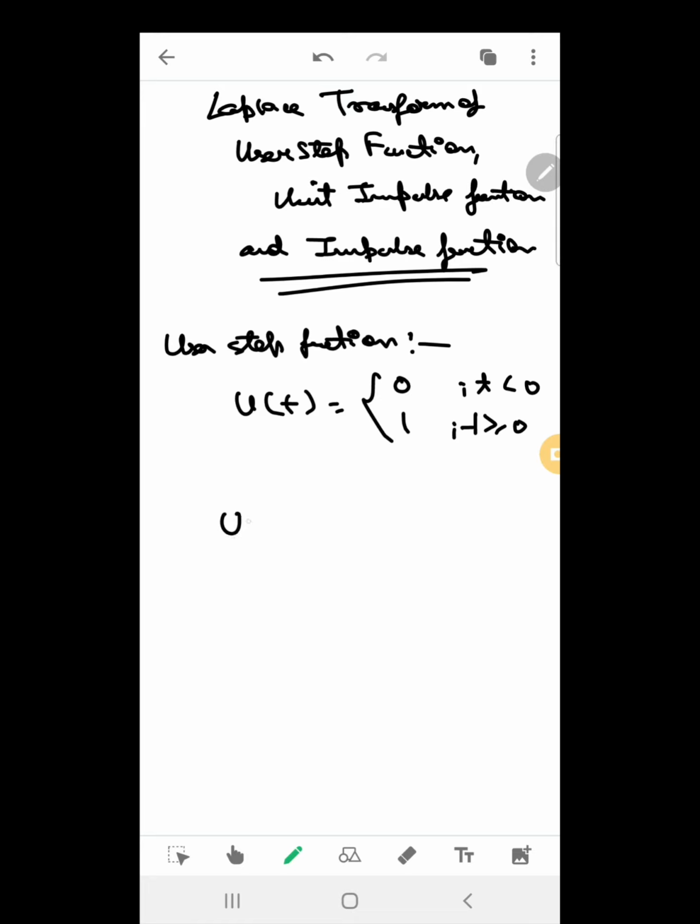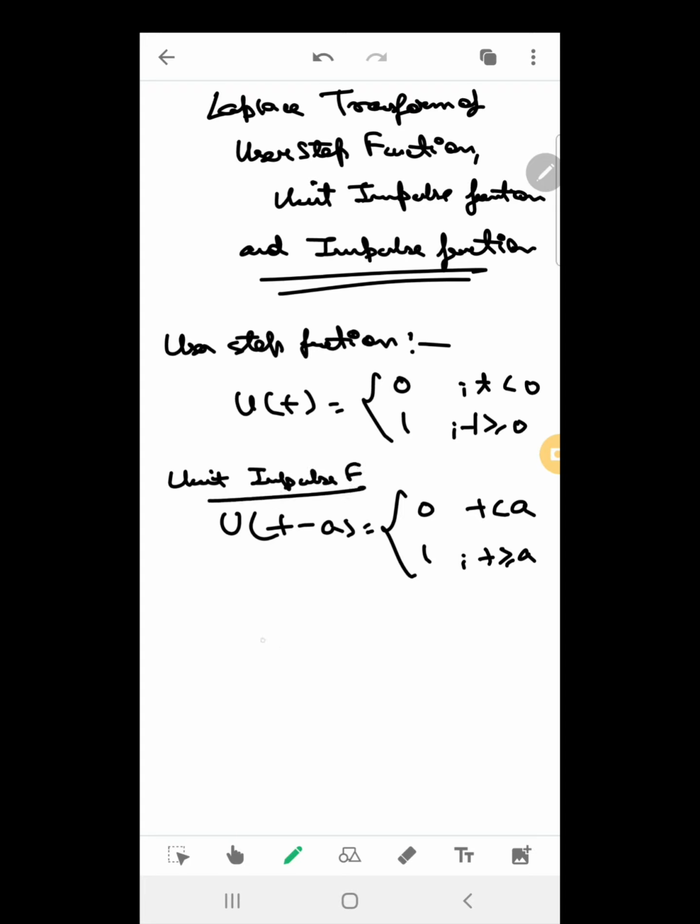So it is 0 when t is less than a and 1 when t is greater than or equal to a. Clear? This is the unit step function.